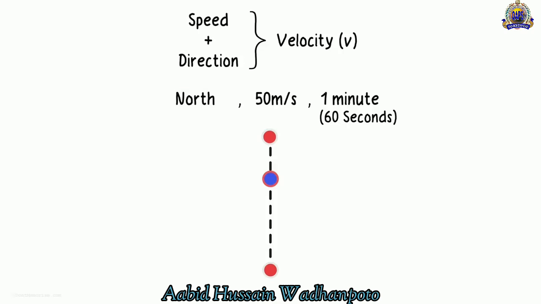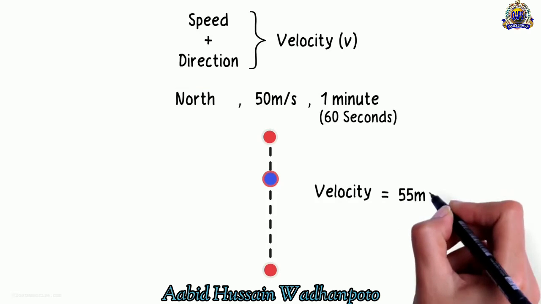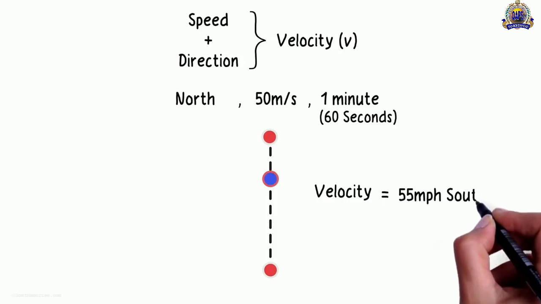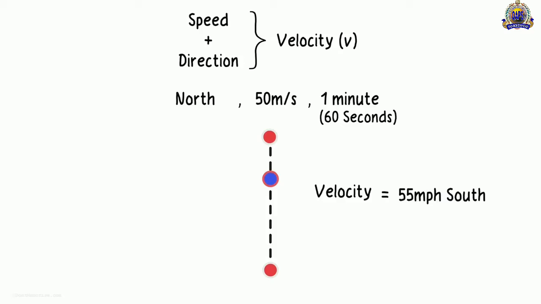So what is north? North is a particular direction, so the displacement covered in the north direction will be called the velocity. By the formula, we can say what the velocity of that substance will be.